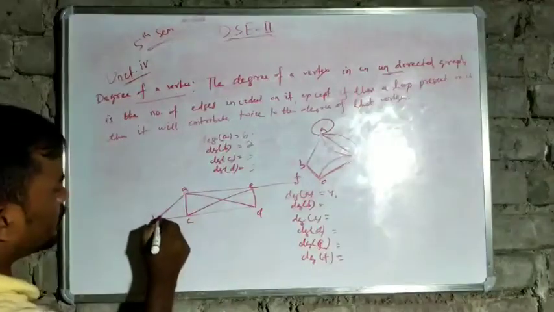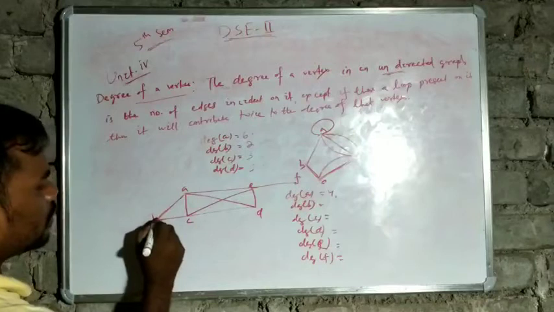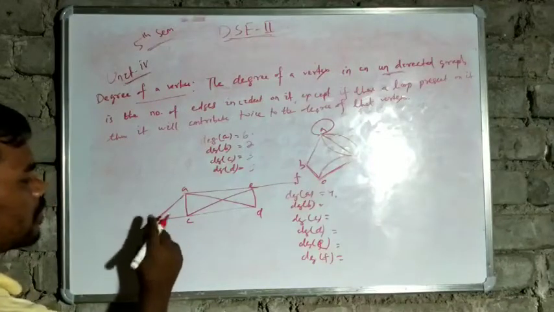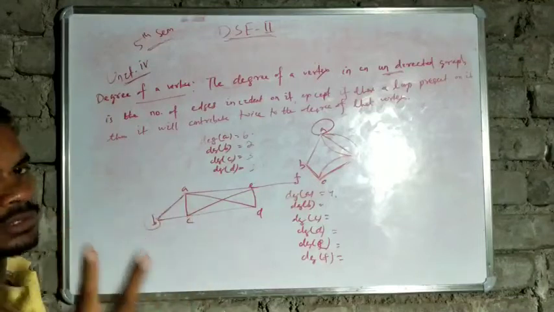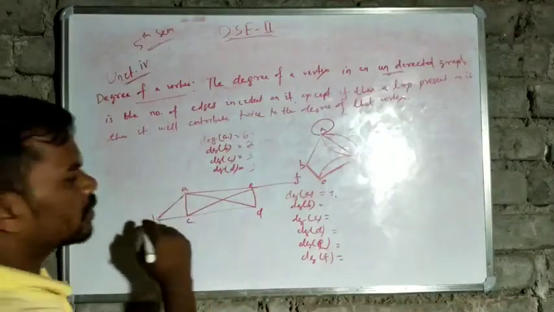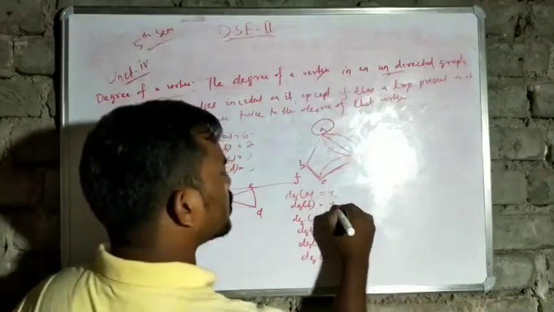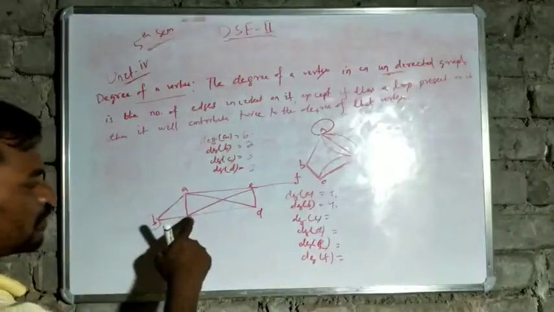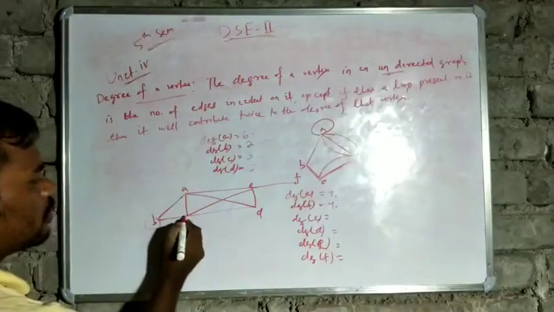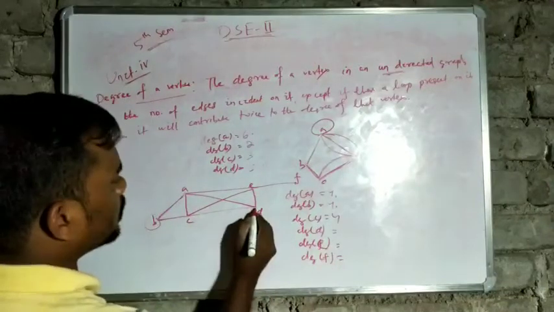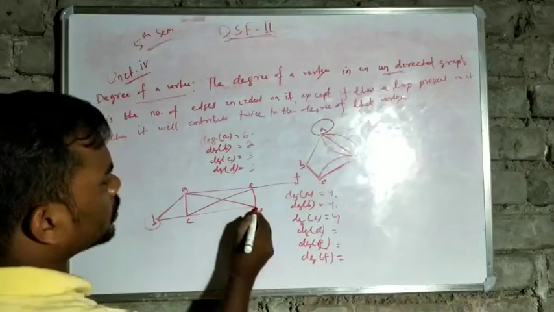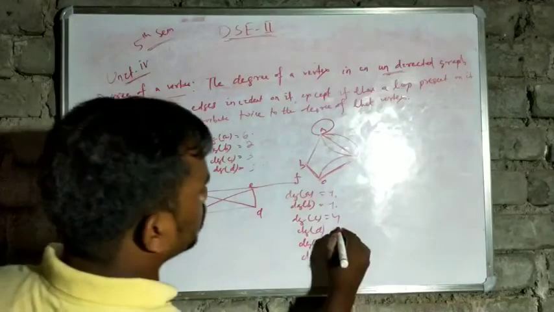Similarly, for the degree of B, there are 2 edges and a loop. For this loop, it will contribute 2, and for these 2 edges, it will contribute 1 plus 1. That is a total of 2 plus 2, that is 4. Similarly, the degree of C is 1, 2, 3, 4, and the degree of D is also 1, 2, 3.